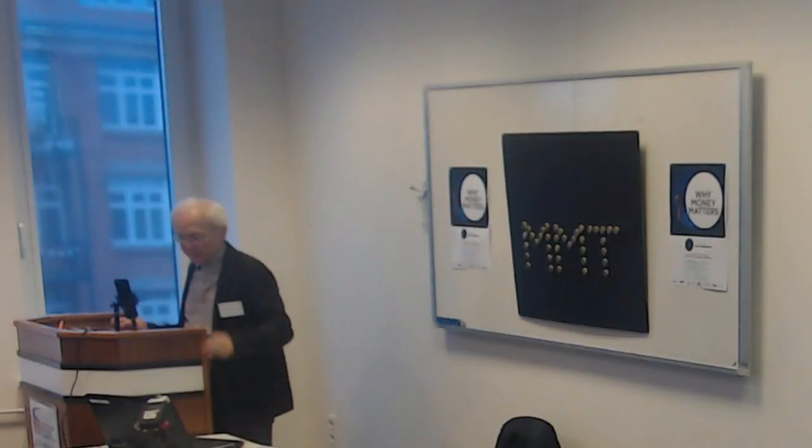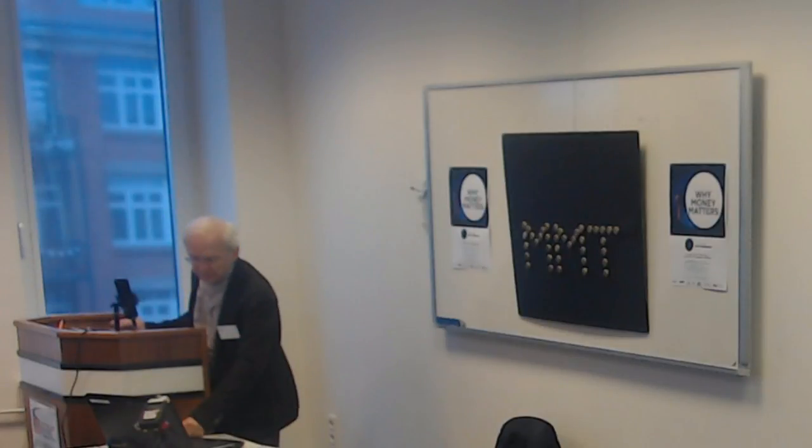Interestingly, the two configurations are fairly similar. Of course, in one case, the public debt sits in the central bank. In the other case, the public debt sits in the banking system.